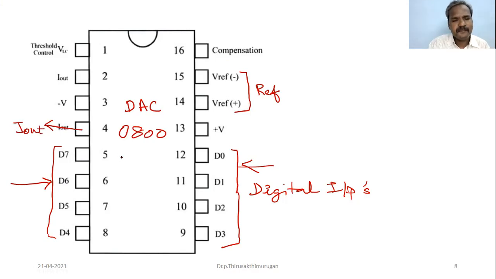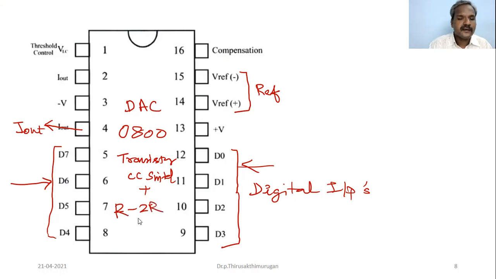So what are the components inside the chip? Transistorized current control switches, digital switches inside the chip. Also the R-2R network. This IC is R2.